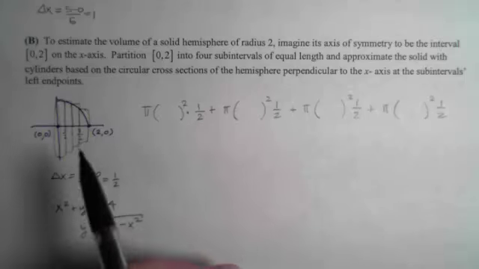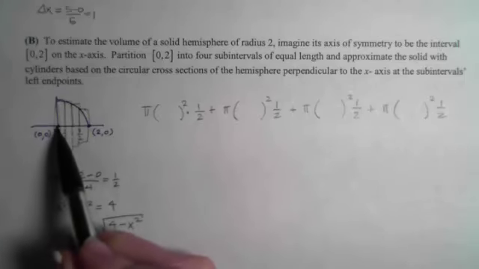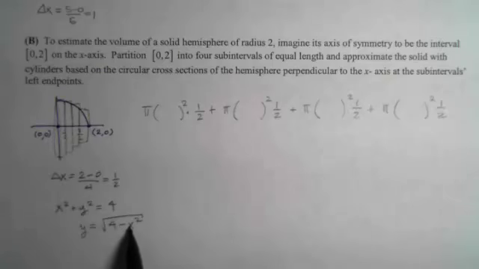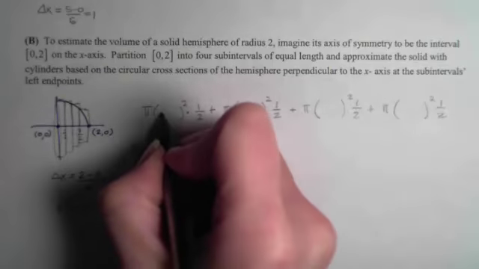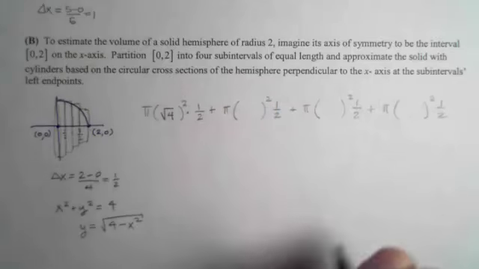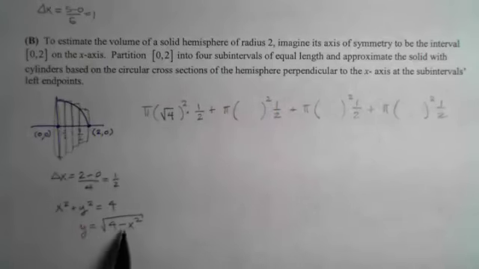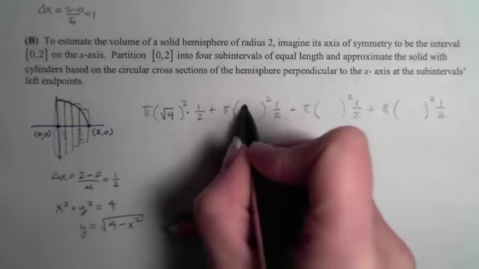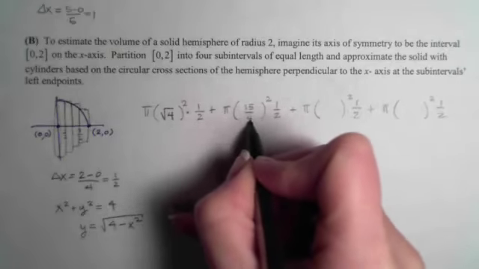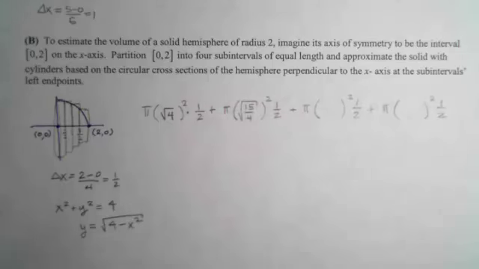The first left edge I plug in is a 0, and I get the square root of 4. The second edge is 1/2, and 1/2 squared gives me 1/4, so 16/4 minus 1/4 gives me 15/4 in that root.